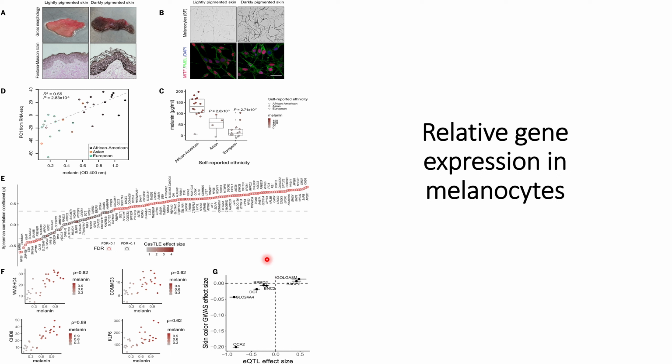For example, GOLGA8M is expressed highly in dark pigmented people and expressed low in light pigmented people. So this could be one of the genes that are involved in the pigmentation of the skin.